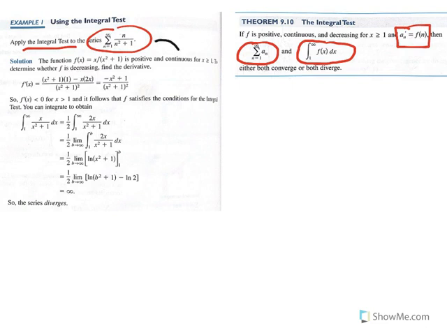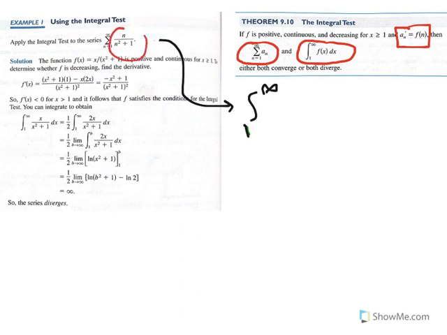So let's see if we can write an improper integral that has the same rule as the nth term for the given series. We're going to write the improper integral, starting with n equal to 1, so from 1 to infinity, and we're going to have the same rule as the nth term for the infinite series.